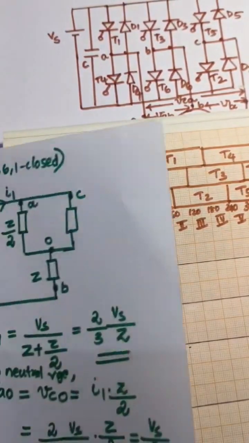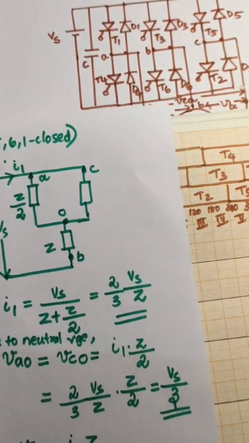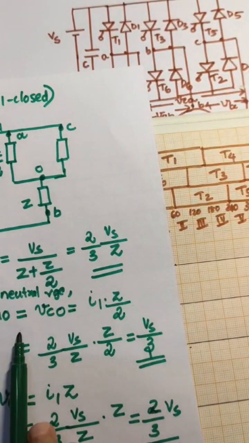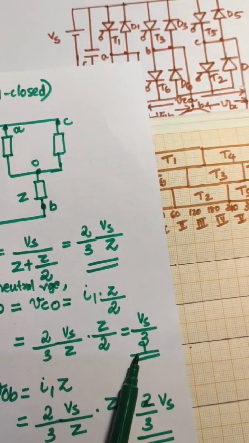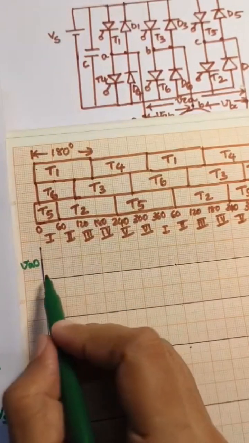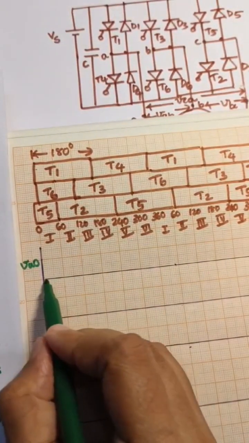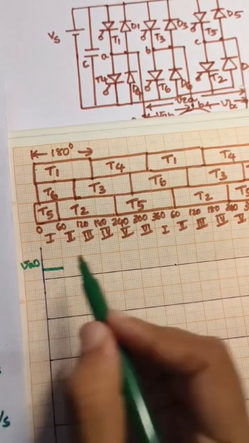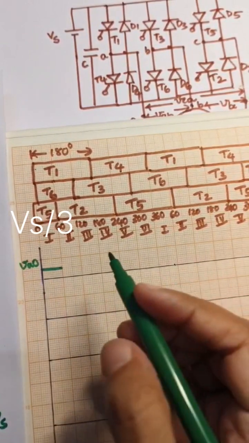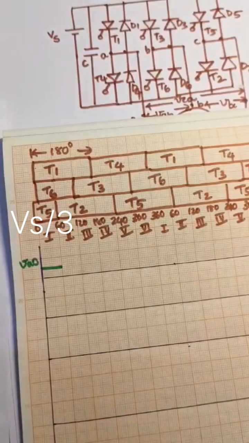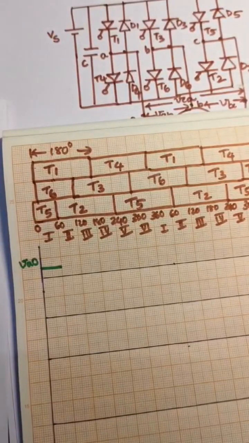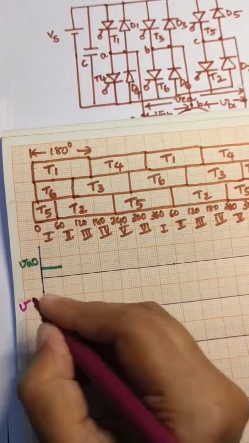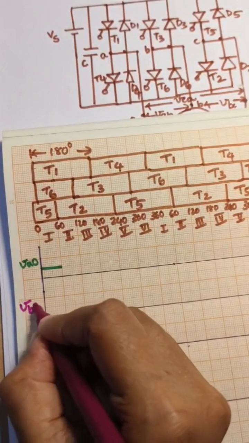VAO we obtained as Vs by 3. So we need to indicate here. Here a block is considered and the half of this block is Vs by 2. Next is, with another color we can indicate VBO.